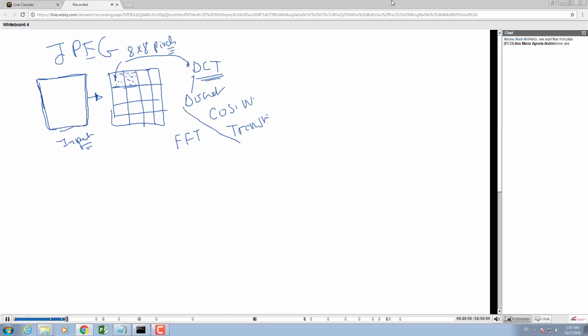So probably you know the FFT or the DFT. When you see the FFT, it means fast Fourier transform. When you see the DFT, it means discrete Fourier transform. What's the difference between DFT and FFT? Just the algorithm.